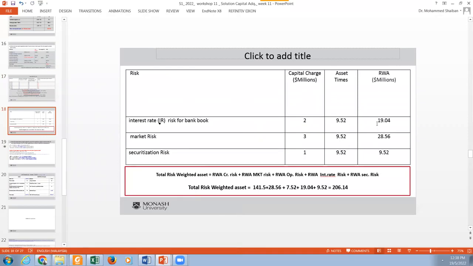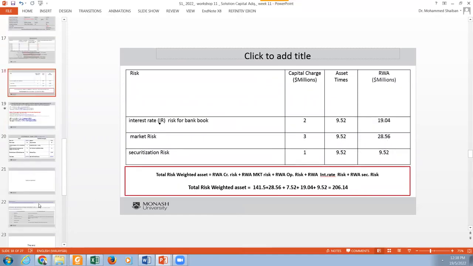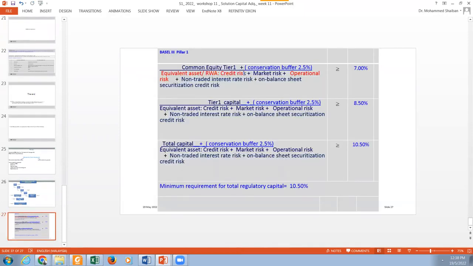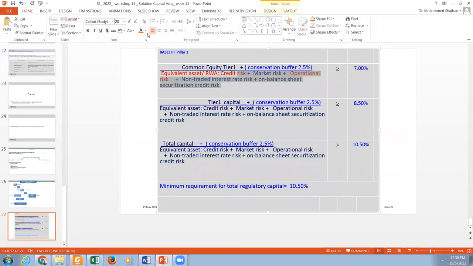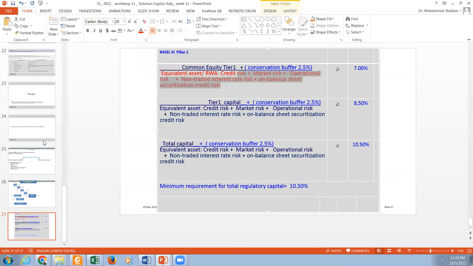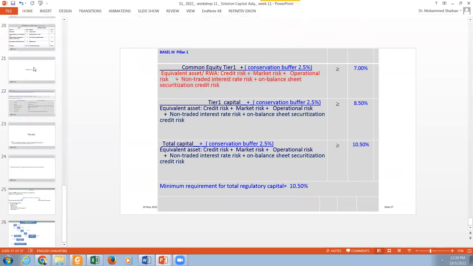And as you can see now, I have all those risks with me. Now I am in position, because all those risks are calculated. Just add them up. I'm done, so I'll just go and add them up.